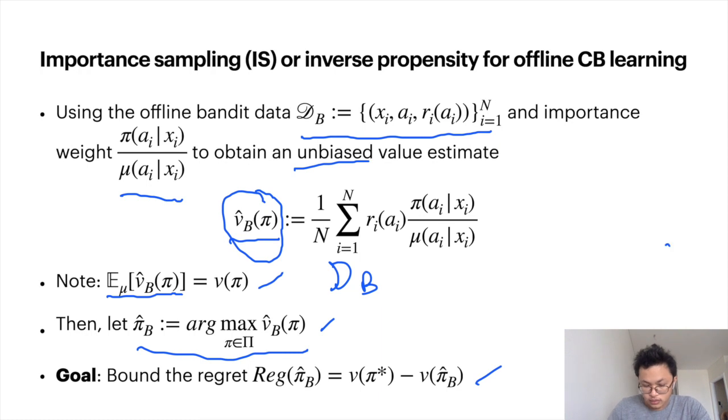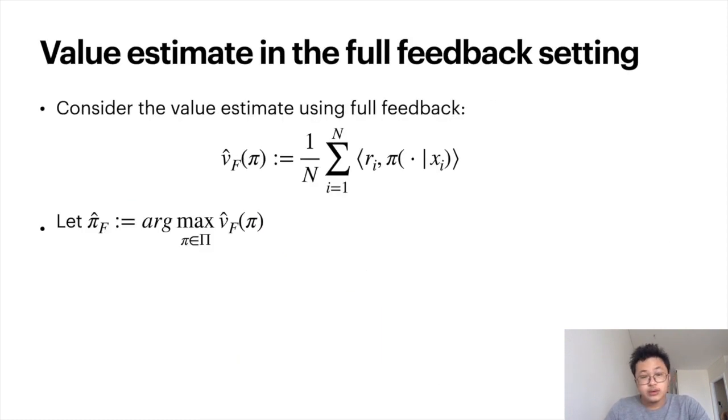Okay, so in order to establish the regret of the offline bandit algorithm, we use an intermediate value called V hat F. So V hat F is the value estimate, but using the full feedback instead of the bandit feedback.